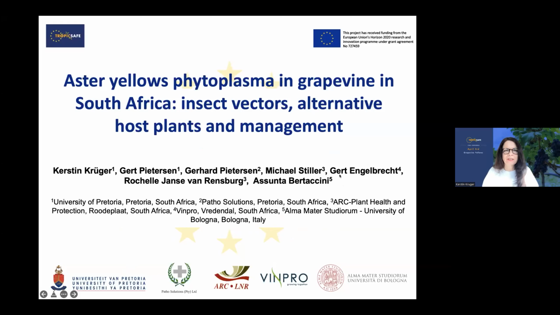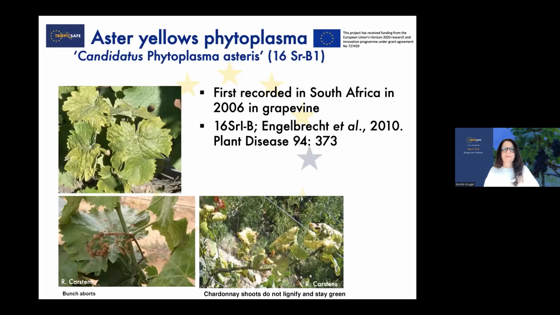This presentation is concerned with Aster Yellows phytoplasma in grapevine in South Africa and the management of Aster Yellows based on insect vectors and alternative host plants. Aster Yellows phytoplasma in South Africa is associated with the 16SrI-B group.